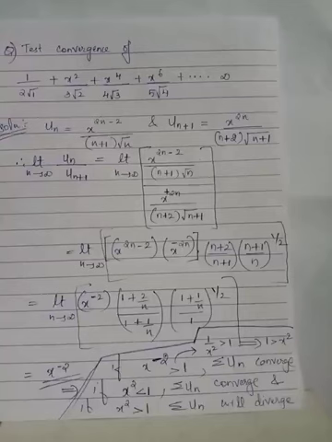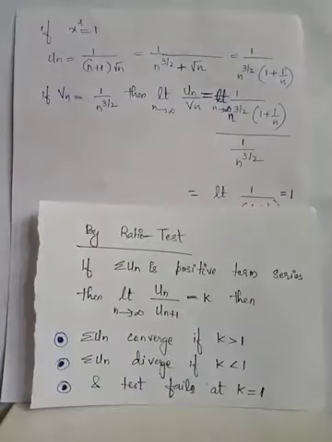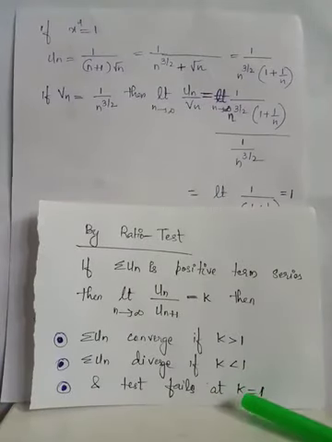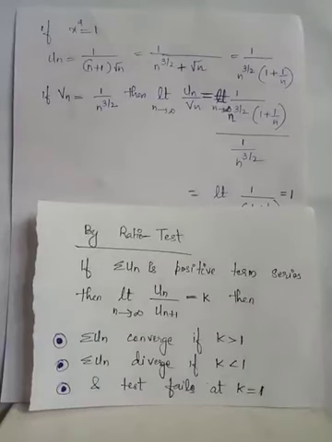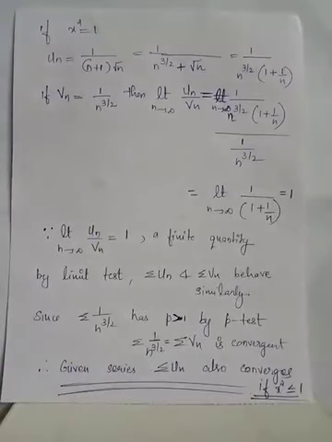But we don't know about the situation of the given series at x square equals 1. Because here, by the ratio test, at the limiting value equal to 1, the test fails. So we have to look for some other methods to check the behavior of the given infinite series at x square equals 1.